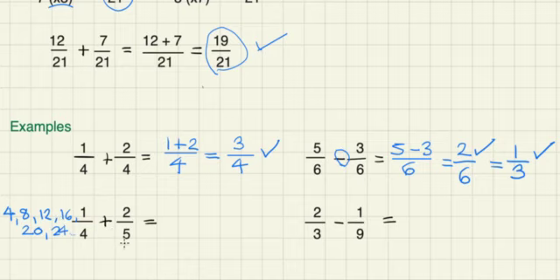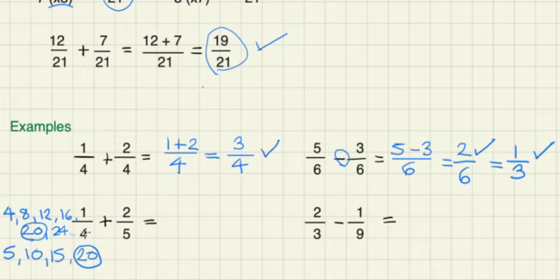So let's find out with 5. How many multiples are there of 5? So there's 5. 5 plus 5 is 10. 10 plus 5 is 15. 15 plus 5 is 20. Ha-ha. So this and this are the same. So that's the lowest common multiple.